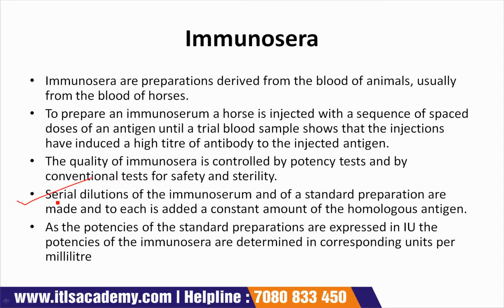Next point is serial dilutions of the immunoserum and of a standard preparation are made, and to each is added a constant amount of the homologous antigen. Each mixture is then inoculated into a group of animals.